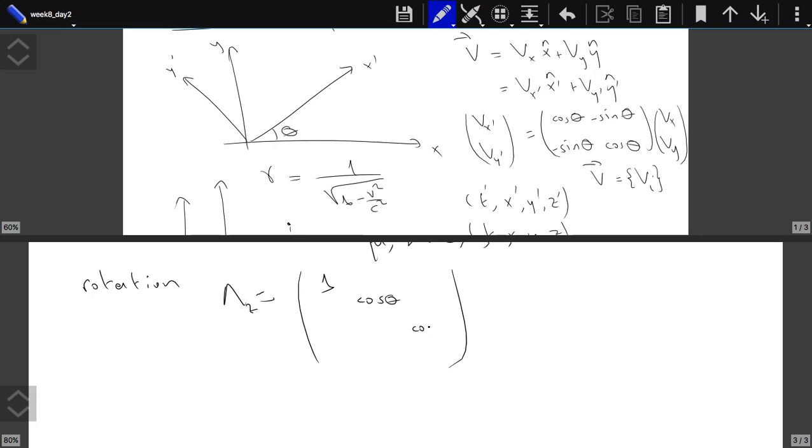This will be cosine theta, minus sine theta, or plus sine theta, sorry, this is plus, then 1, and the rest are 0. This is our rotation. So 4-vectors, at least the 3-part of it, should be ordinary vectors.